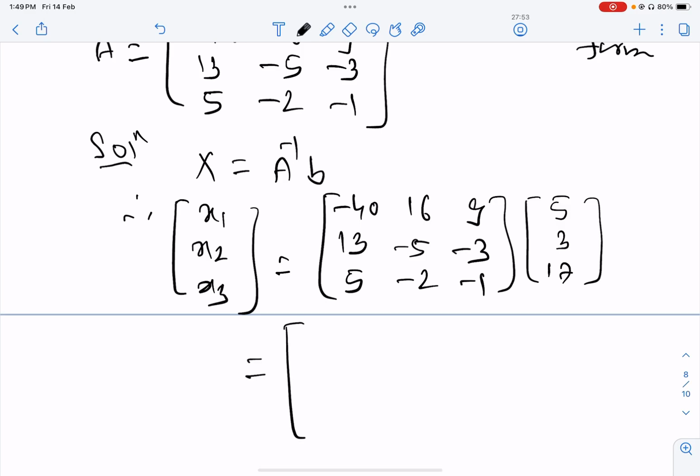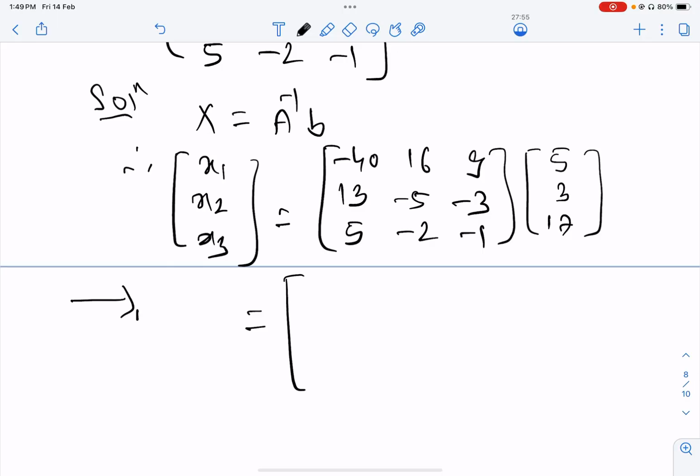So now this is equal to, you know how to multiply like this. So here you have to multiply with this entry, this multiply with this one, then addition. This multiply with this one, addition. Yeah, first row and first column.